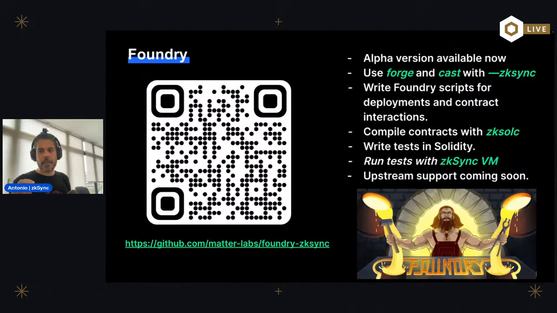You can install it by following the instructions in this repo, and this QR code will also get you there. The way it works is everything is integrated and happens behind the scenes. So you can use forge or cast with the --zksync flag, and that will tell Foundry to use our compiler and our node.